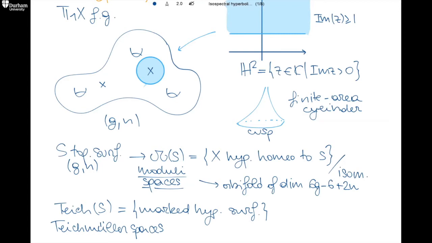It's a hyperbolic surface with an extra structure, an equivalence relation that's a bit weaker than isometry. And this turns out to be the universal cover of moduli space, and it's homeomorphic to R^(6g minus 6 plus 2n).